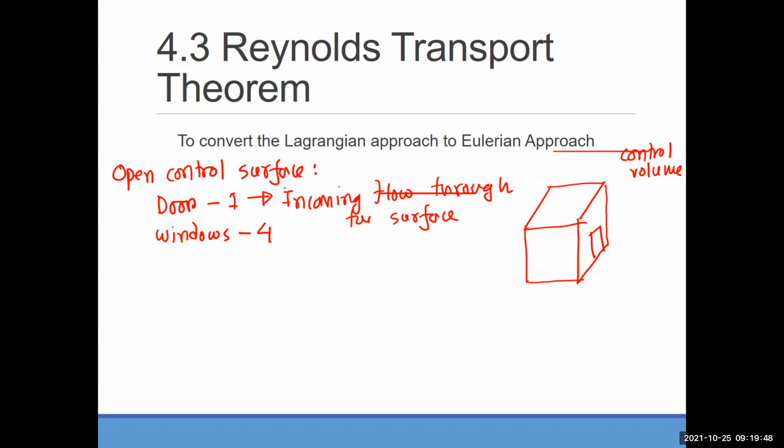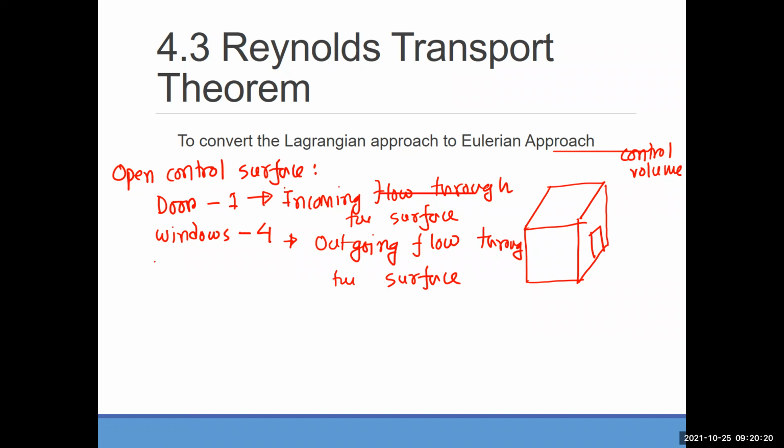So 4 of you jump through these 4 windows. That means that is the outgoing flow through the surface.